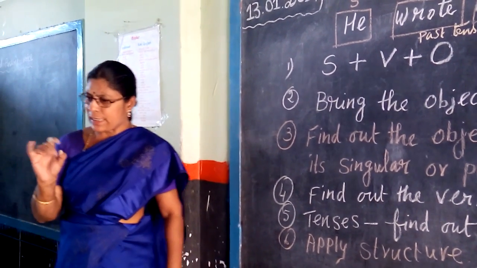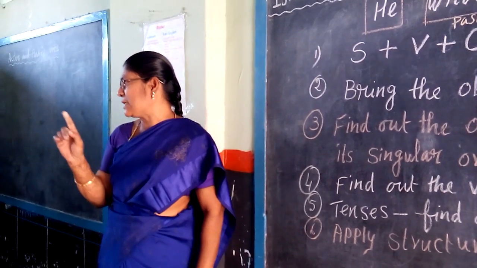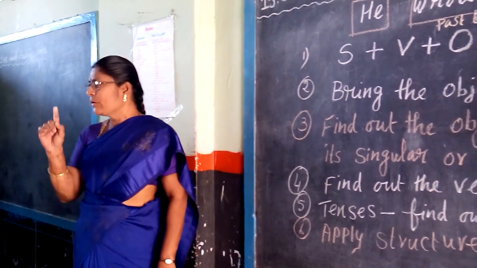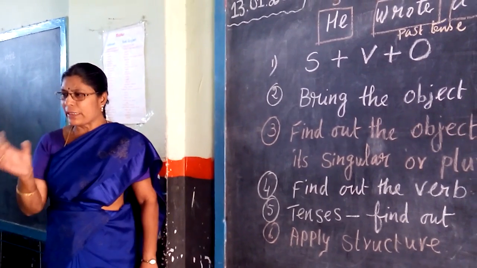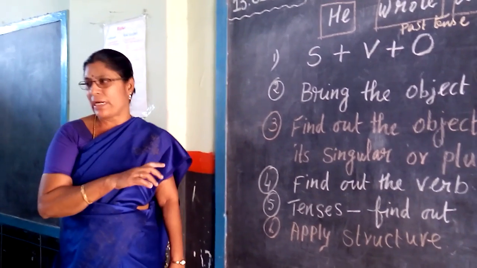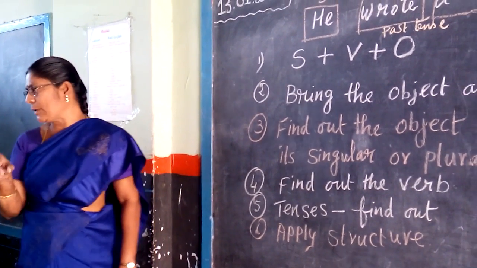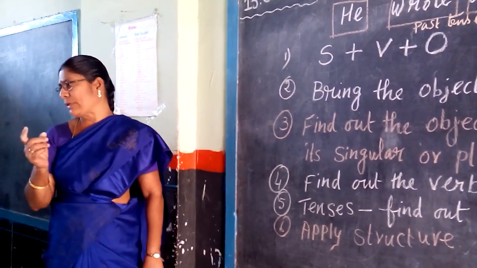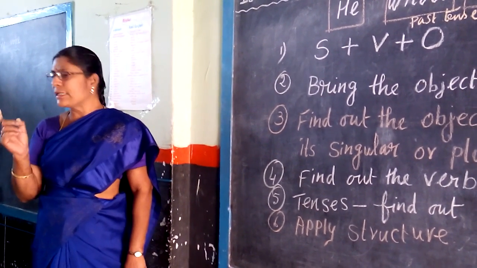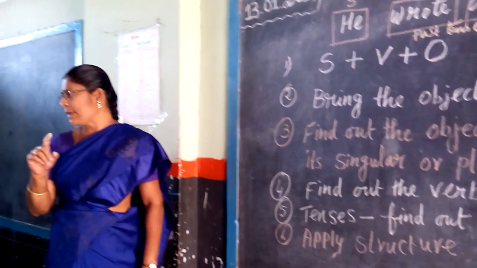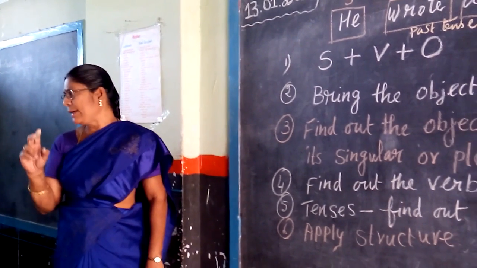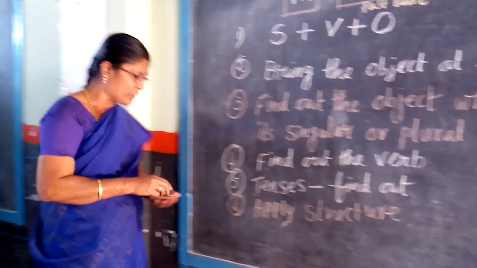How many tenses are there? Actually 12 tenses. Among the 12 tenses, only 8 tenses are possible from active to passive. I will give the list afterwards.